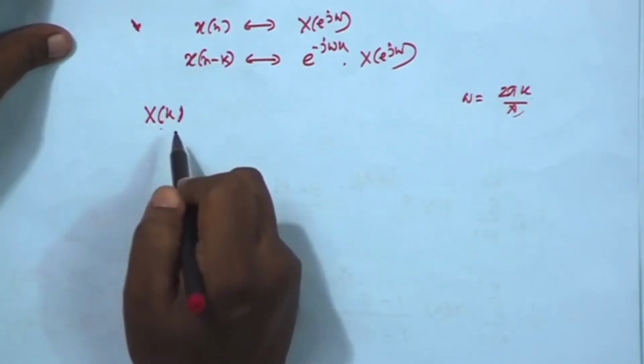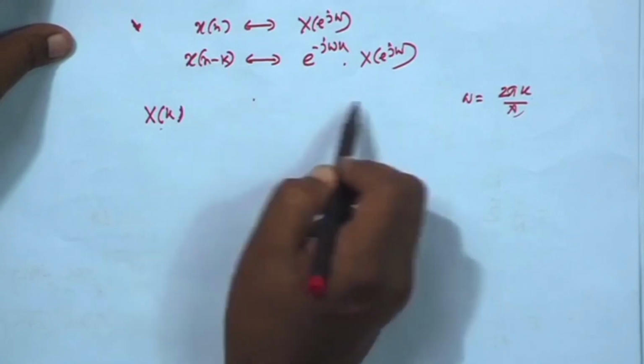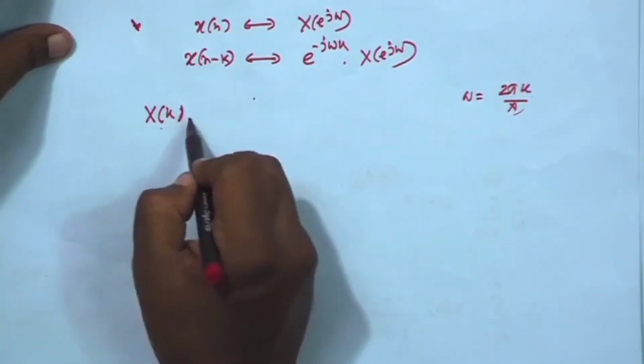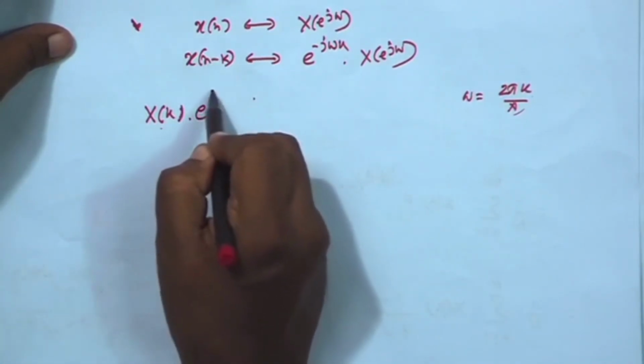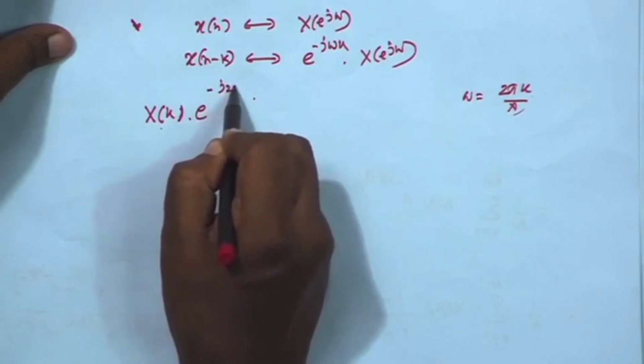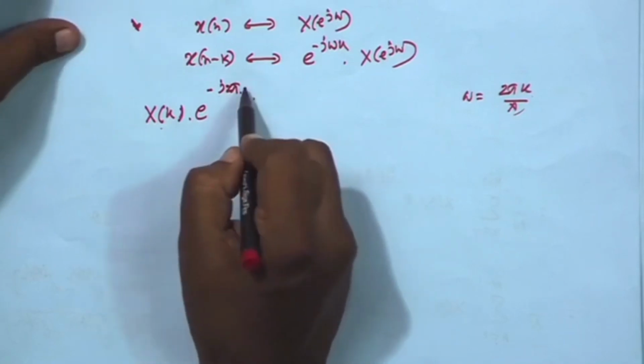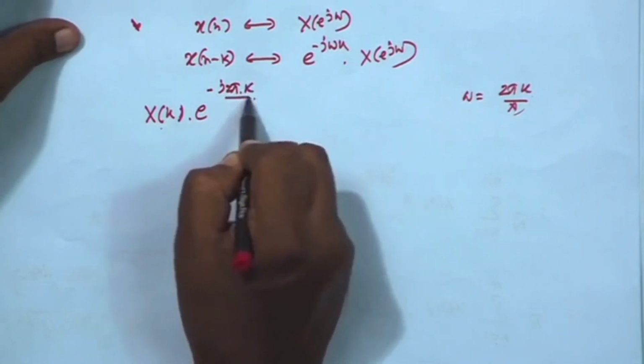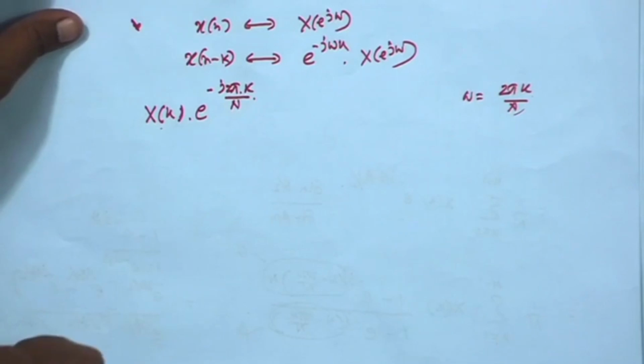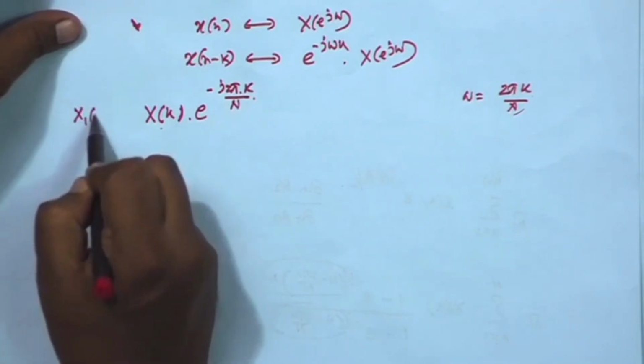Capital X k is given to you for k equal to 0, 1, 2 up to n minus 1. But suppose I now multiply it by e to the power minus j 2 pi into k by n and call it x 1 k.